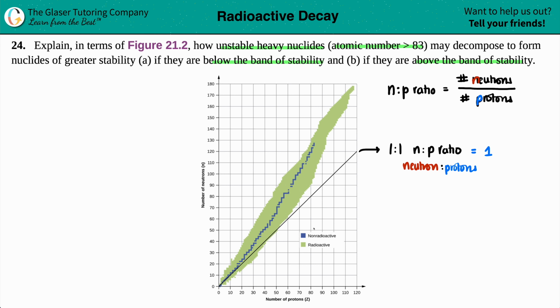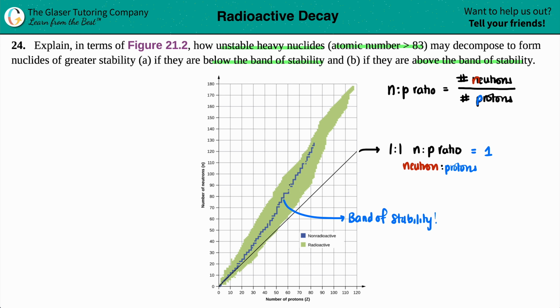Now, the band of stability is the blue staircase that climbs up. This is where all of your stable isotopes are. As we can see here, there are very, very few stable isotopes in this world, and there's a lot of green.